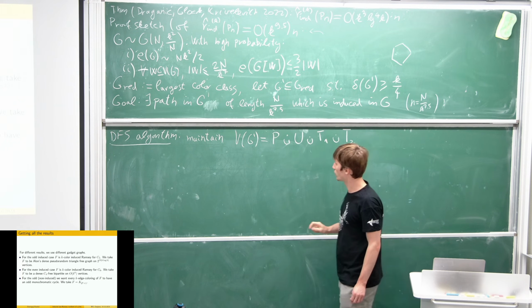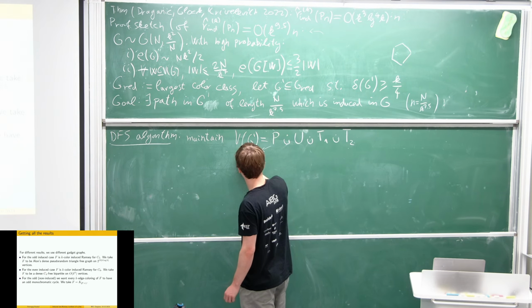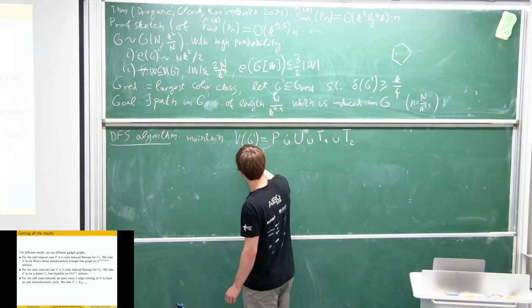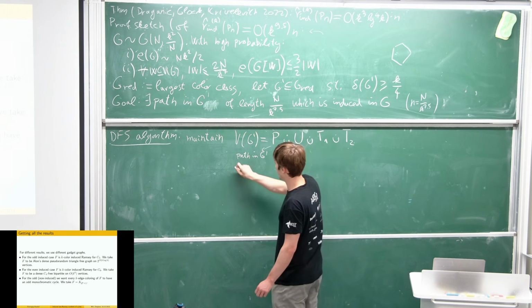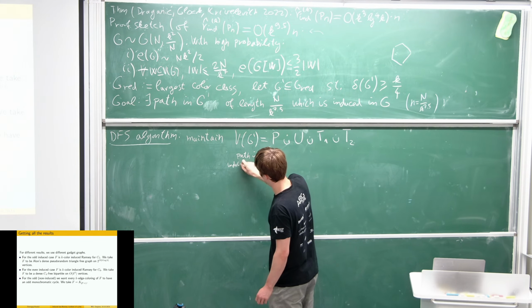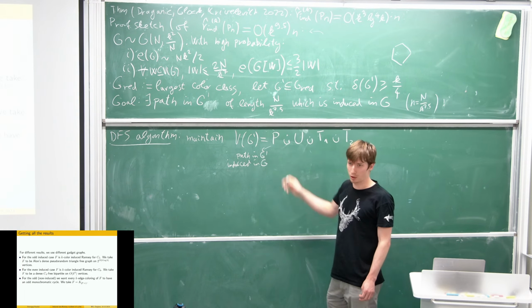Okay, so what are these sets? So P throughout the algorithm will be a path in G prime which is induced in G. Okay, so this is the object that we want to find.